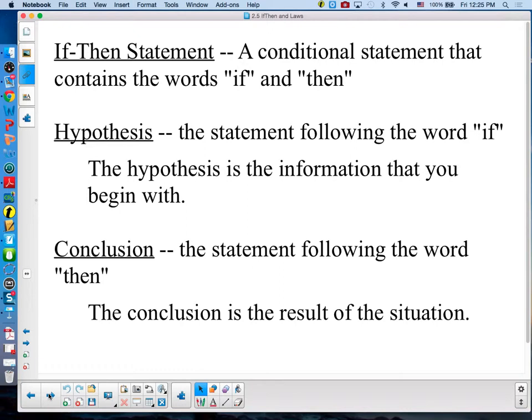So it's the information that you will begin with. The facts, the information, whatever that you start with. Conclusion is what follows the word then. So it's the result that happens. The thing that is dependent upon what you started with.